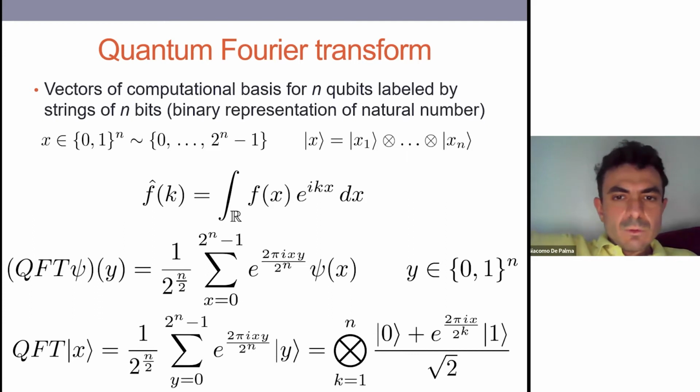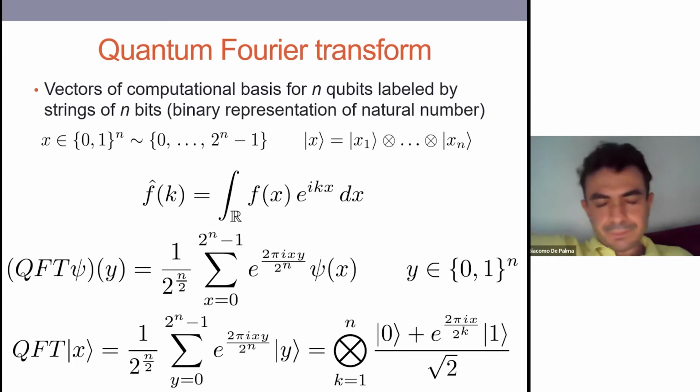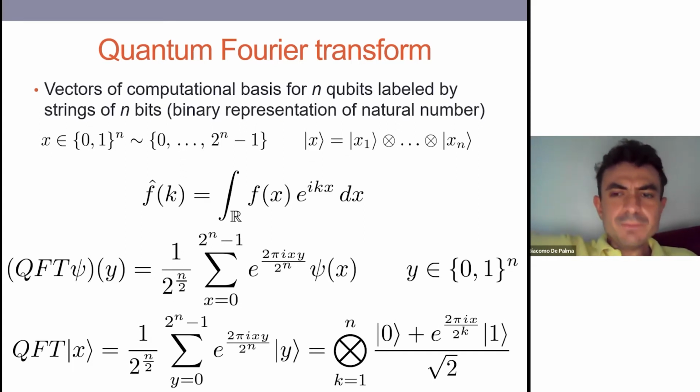Now, instead of having a function defined on the real line, we have a wave function for n qubits. And as I told you, a wave function for n qubits has as a domain a string of n bits that can be considered as a natural number from 0 to 2 to the n minus 1.